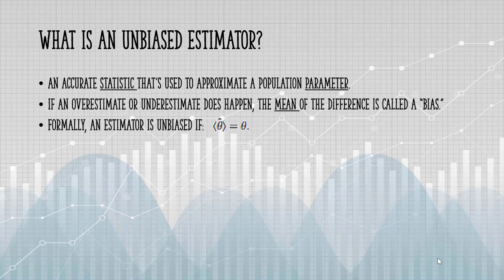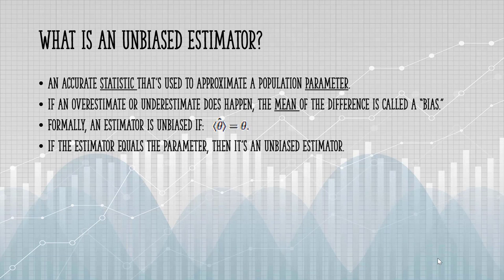In more mathematical terms, an estimator is unbiased if theta hat equals theta. That's just saying if the estimator, for example a sample mean, equals the parameter, in this case the population mean, then it's an unbiased estimator.